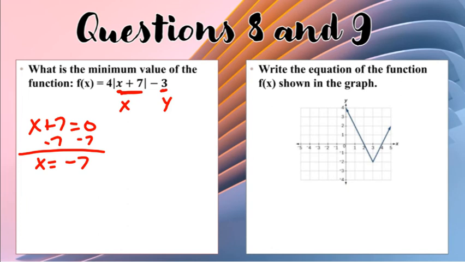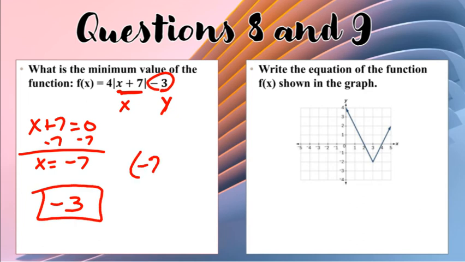And then this y value right here says that we are going down 3. So the minimum value of the function would actually be our y value, which would be a negative 3. If you were to put it as an ordered pair, you would just write negative 7, negative 3. I would allow that one, but really the answer that they're looking for is just the y value.